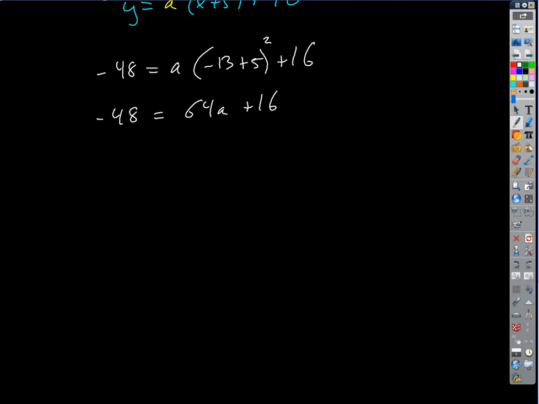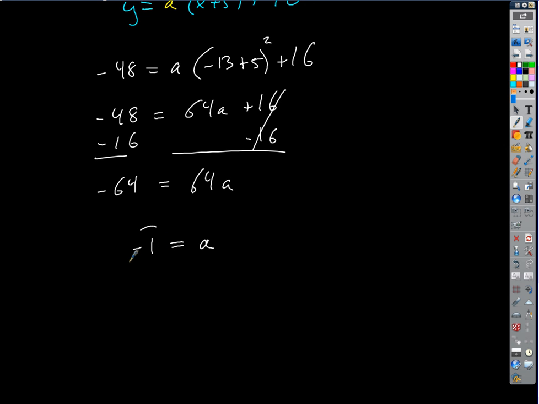What are the 2 steps to get a by itself? Subtract 16. So I get -64 equals 64a, last step. Divide by 64, and a equals -1, right?